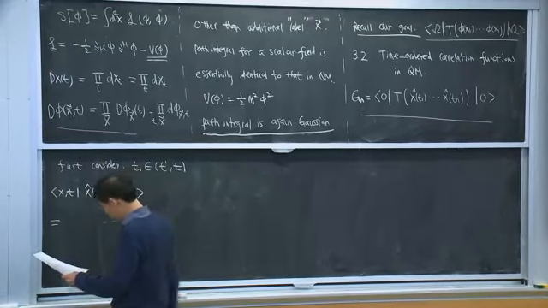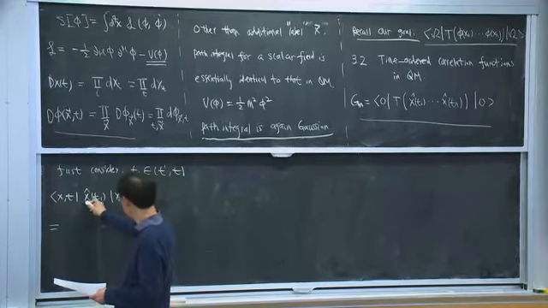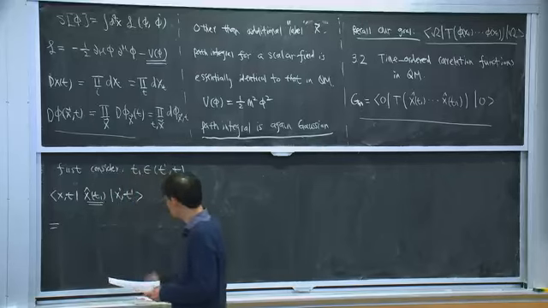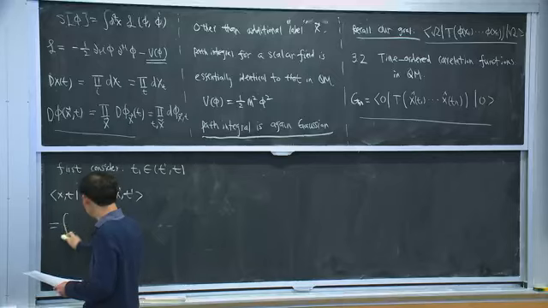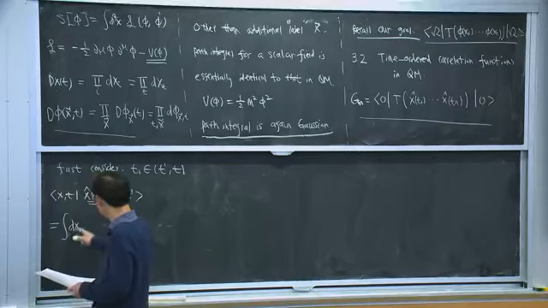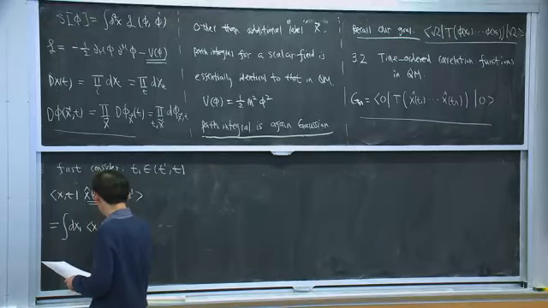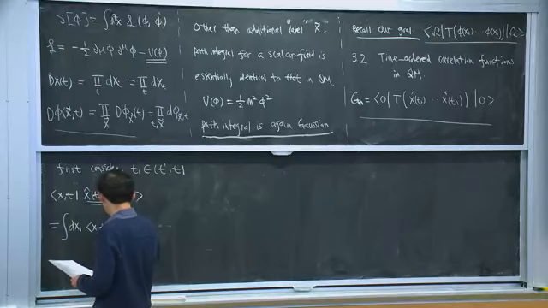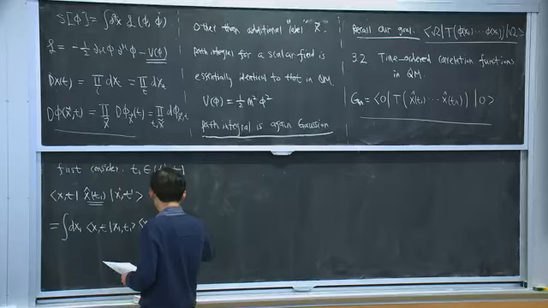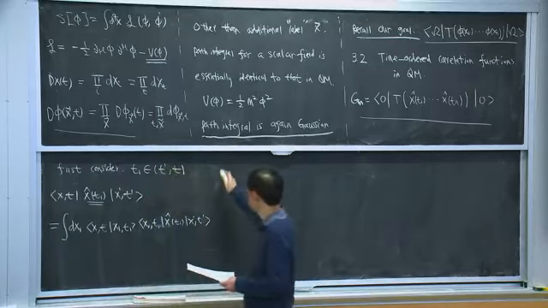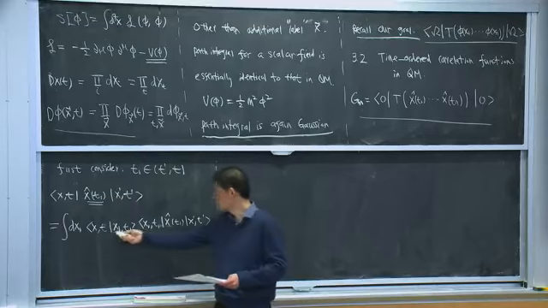And here we do the same thing. Since this is at t1, we insert the complete set of position eigenstates at t1. So we integrate over x1, |x1 t1><x1 t1| x hat |x' t'>.